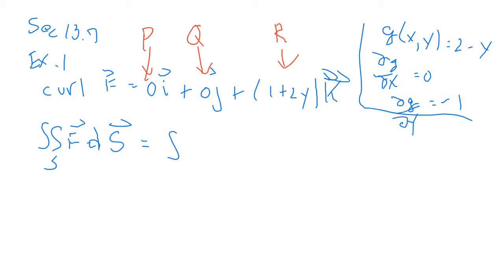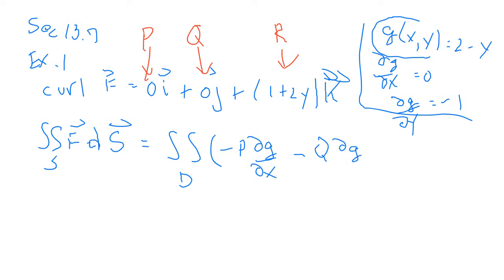Now, using that special formula, because the surface can be written as a function of x and y, we compute the flux integral using this formula, only because g is a function of x and y.